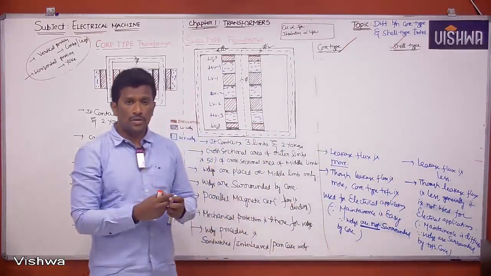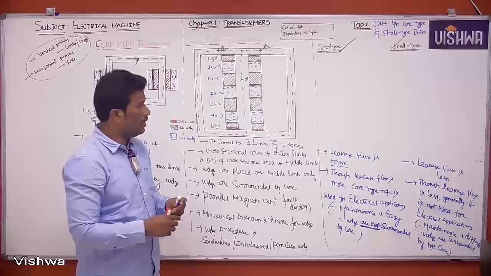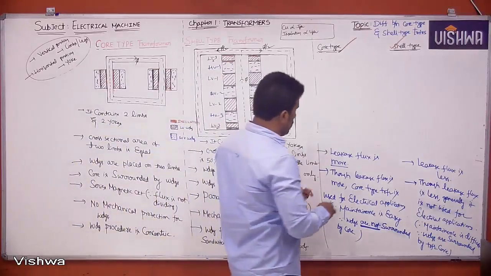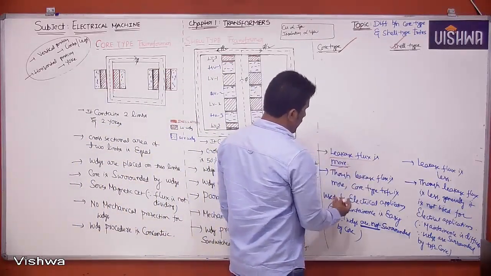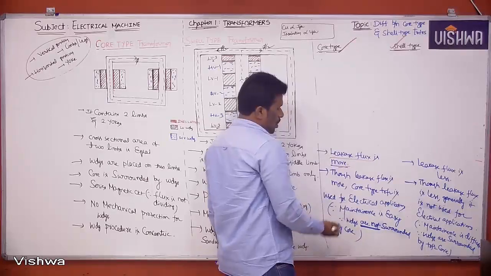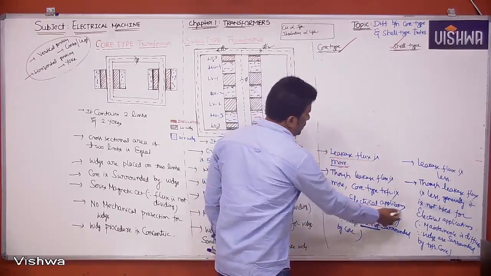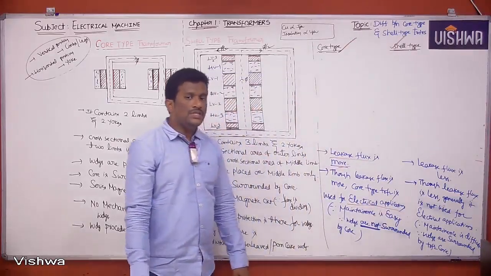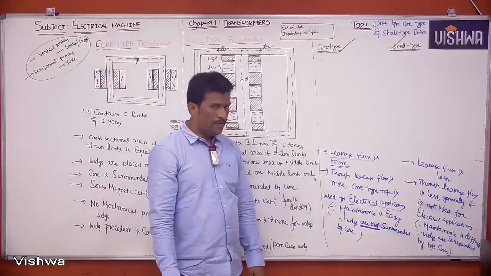Generally leakage flux is more, but from the maintenance point of view we have to use a core type transformer for electrical applications. Don't you have any chance of reducing leakage flux?